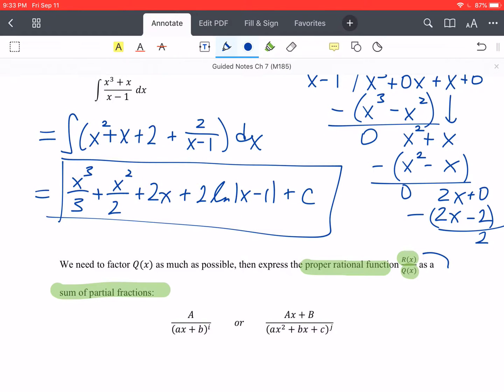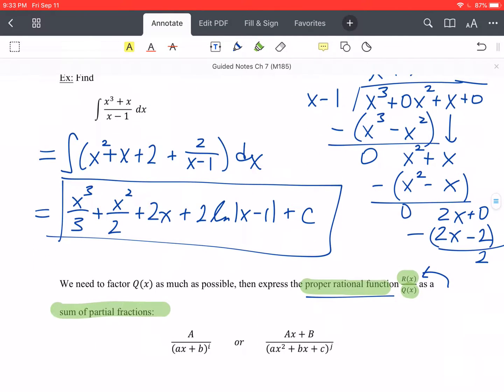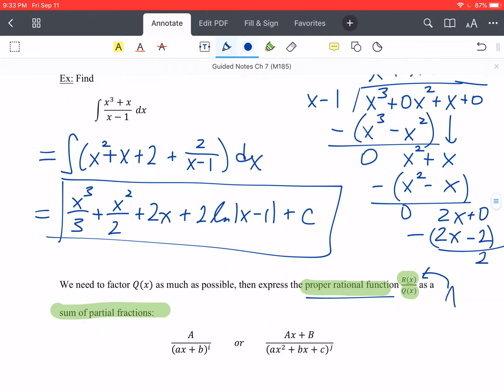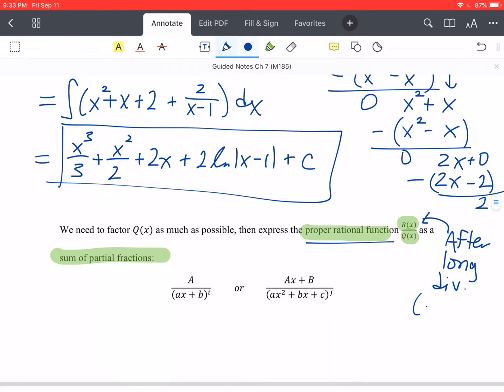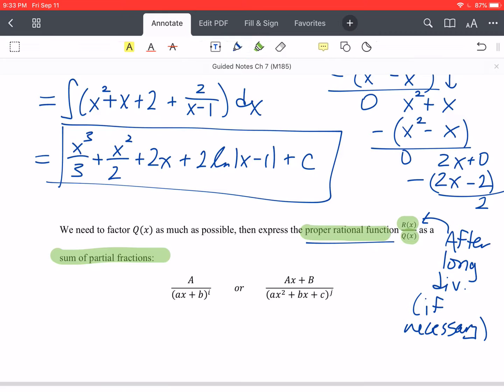So r of x over q of x is a proper rational function because it's not improper anymore. So this is after long division, of course long division is not always necessary, so I'll just add if necessary.